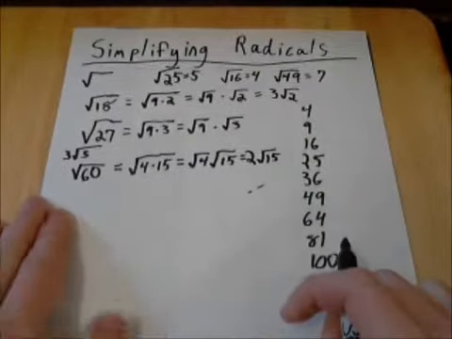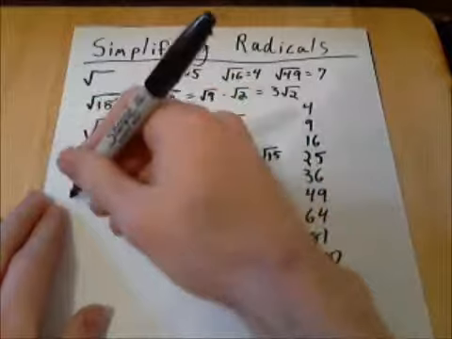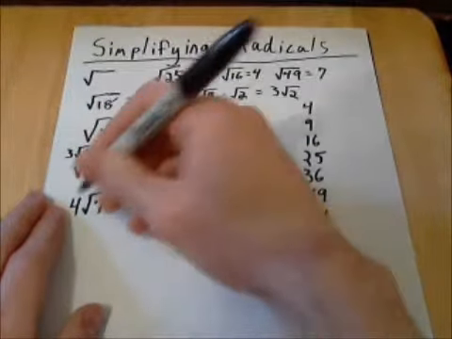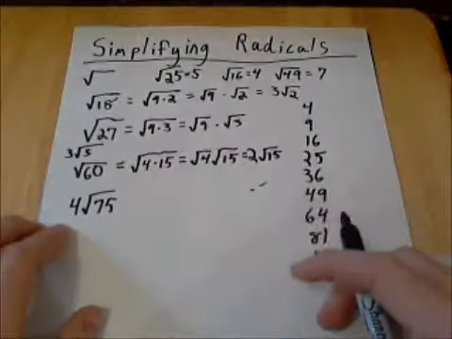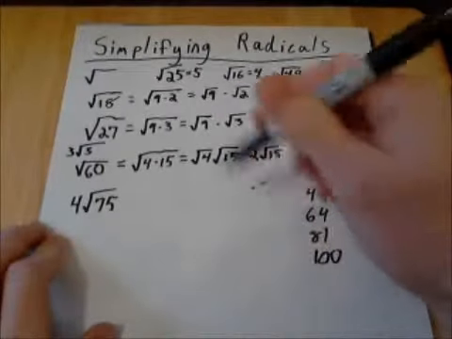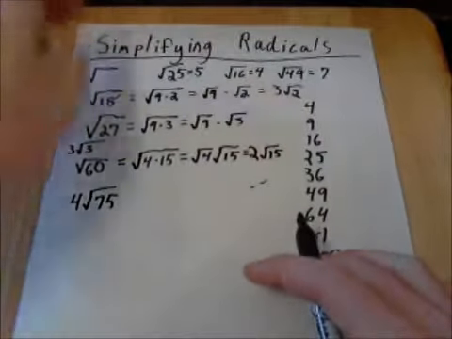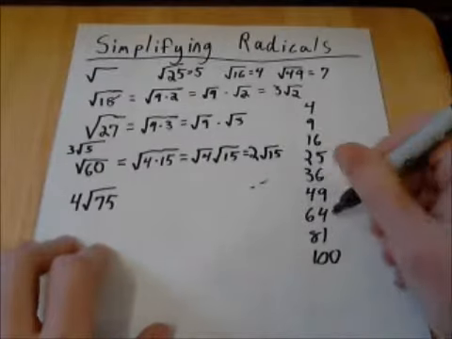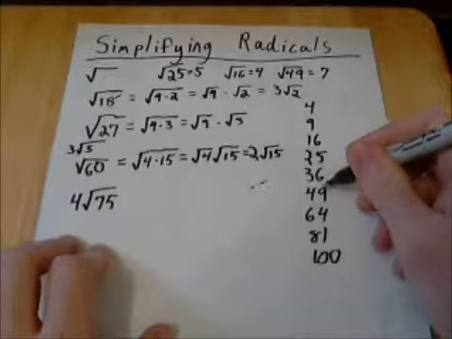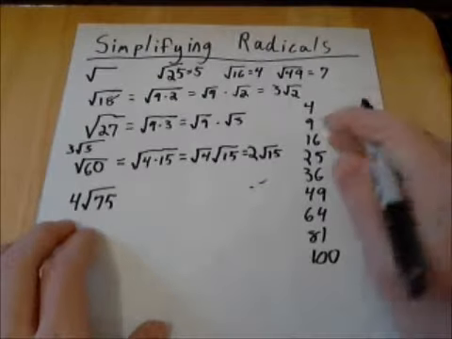Okay, so now let's put a number outside the radical. So we have 4 square root 75, so 4 times the square root of 75. Now, it's not going to be any different here. 75 is not a perfect square, but we can simplify it. So 75 is about here. 64 won't go into it. 49 won't. 36 doesn't. But 25 goes pretty nicely into 75.